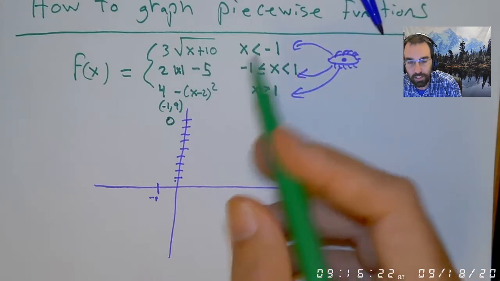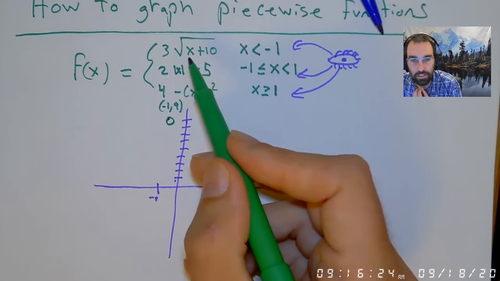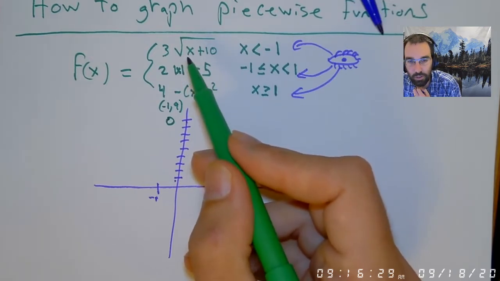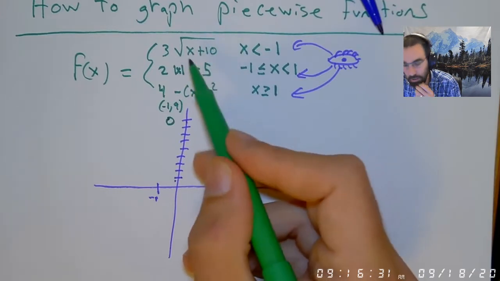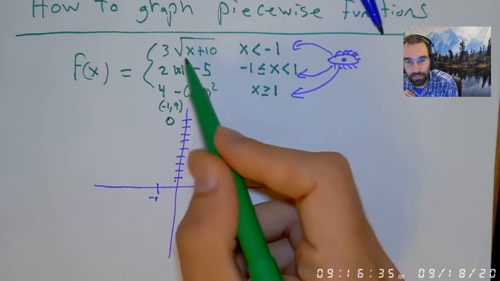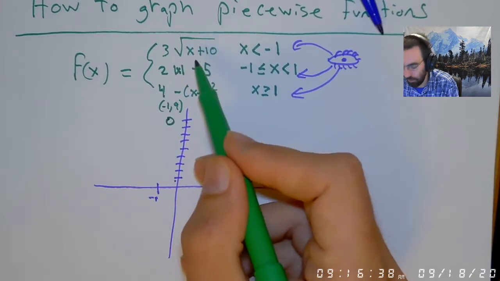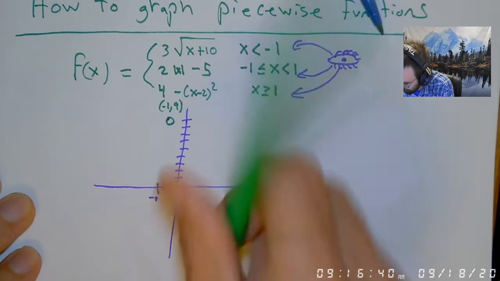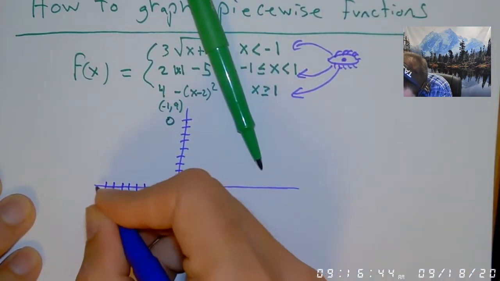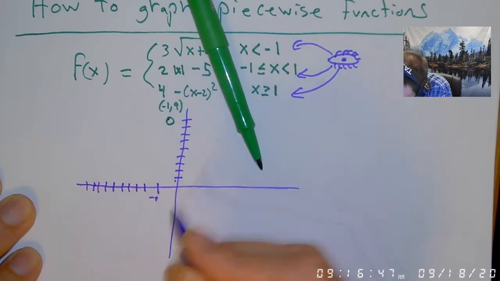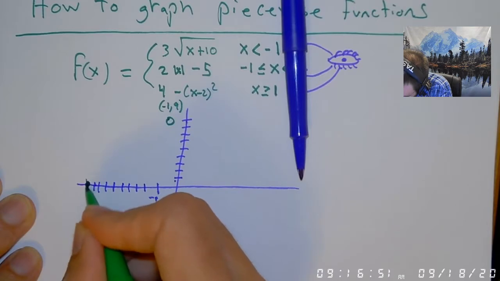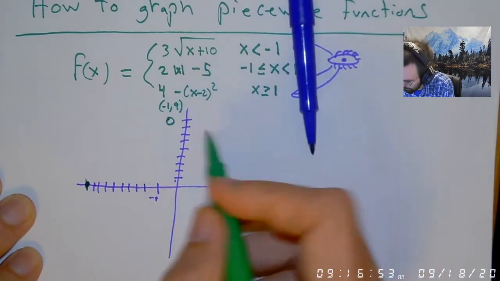That's just standard. Then, this is where parent functions are going to come in. I know that the parent function, square root of x, starts at 0. So there's a transformation here, and we're going to talk about that in just a little bit. But remember, if it's inside, it's going to be backwards. So plus 10 really means minus 10. So 1, 2, 3, 4, 5, 6, 7, 8, 9, 10. Okay, so I know that it will equal this because it says anything less than -1.